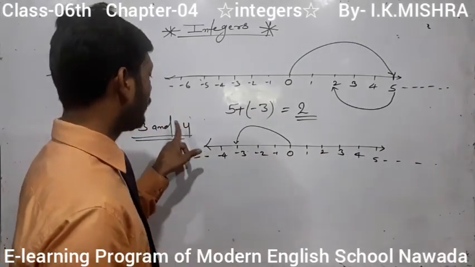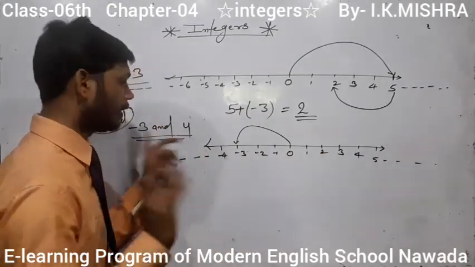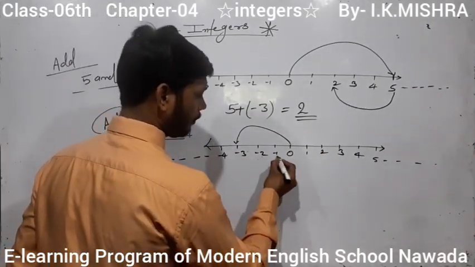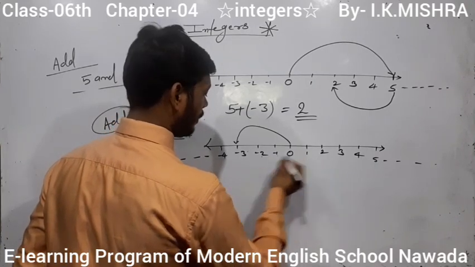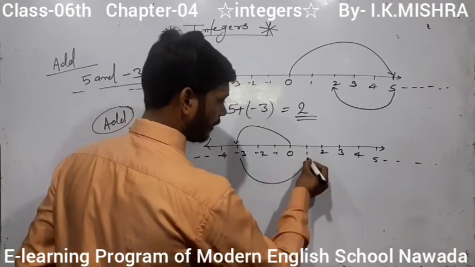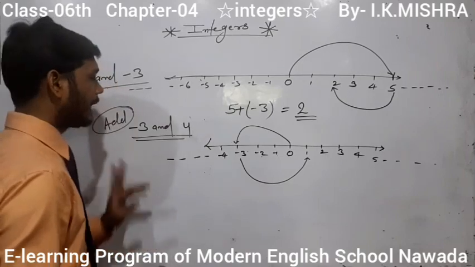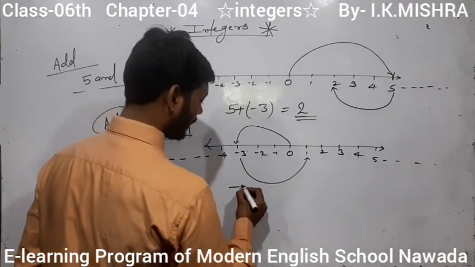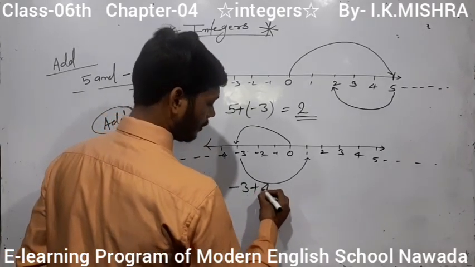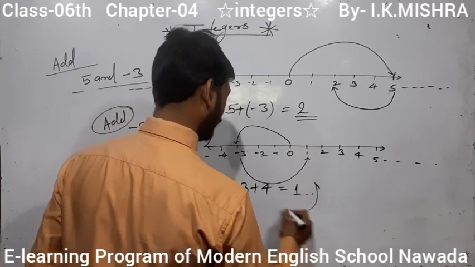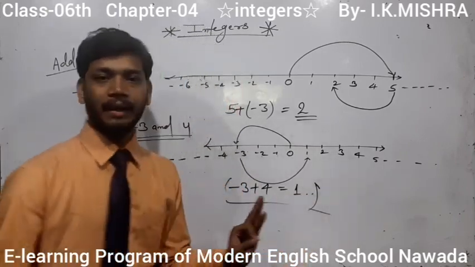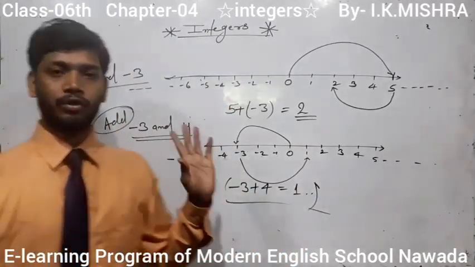You have to go 4 steps: 1, 2, 3, 4. Students, this will reach here. That means -3 plus 4 is equal to 1. Clear students? You can easily do this type of question.